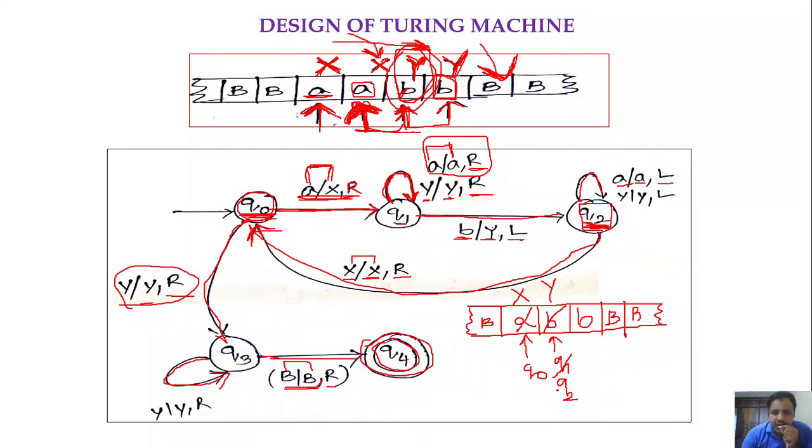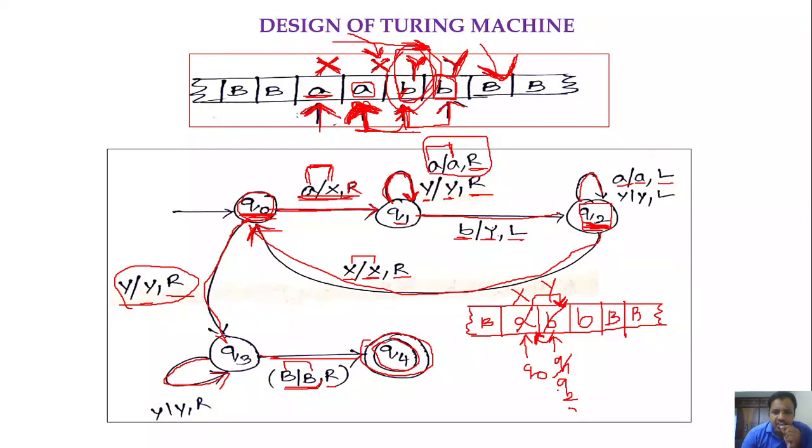When we move the head towards left, we are in Q2 and now it is pointing to X. In Q2, if we get X, keep that X as it is and move the head towards right. That X will remain as it is and we are moving the head towards right.